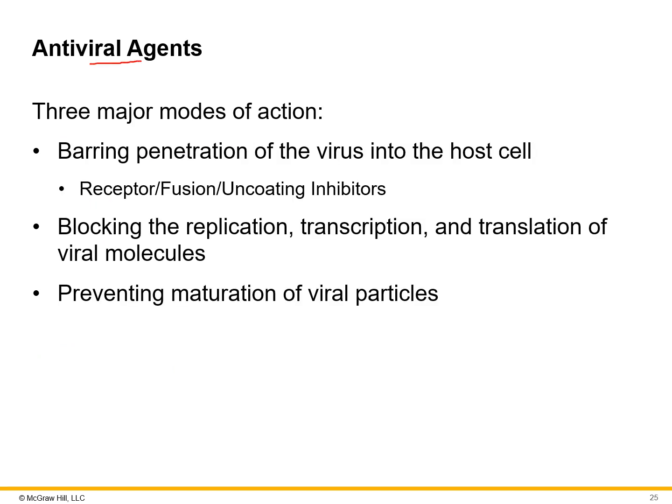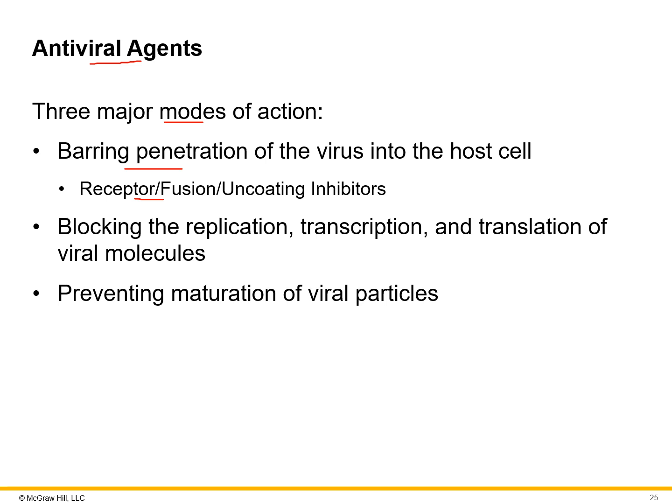And then again, our antivirals, as we already mentioned, are really hard to target because they're just a protein coat and nucleic acids. Sometimes they have some enzymes in there. So the three modes of action start with preventing penetration. So altering their spikes, preventing that receptor binding or the uncoating that has to happen.